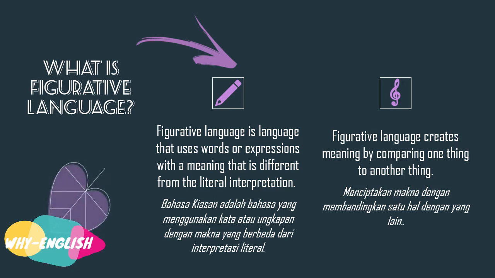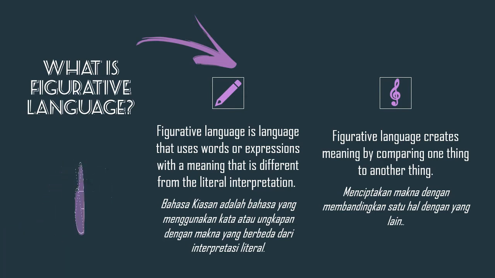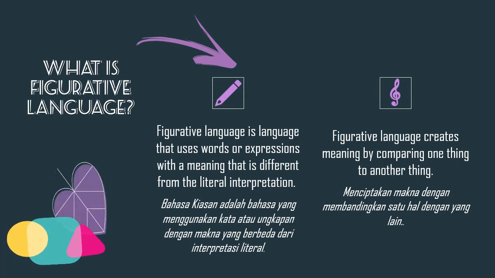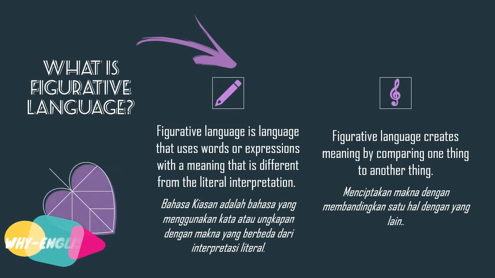Bahasa kiasan adalah bahasa yang menggunakan kata atau ungkapan dengan makna yang berbeda dari interpretasi literal. And figurative language creates meaning by comparing one thing to another thing. Bahasa kiasan ini menciptakan makna dengan membandingkan satu hal dengan hal yang lain.